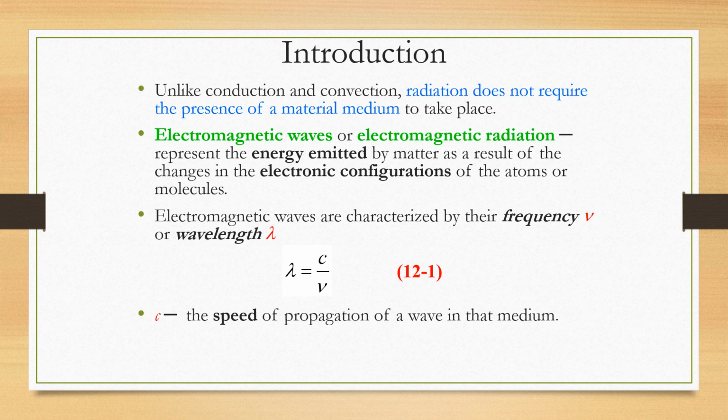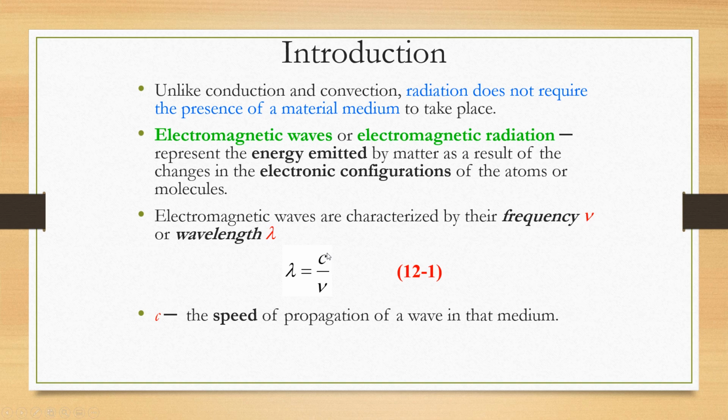After this, I will show you how that electronic configuration releases energy in terms of radiation. The electromagnetic waves can be characterized by their frequency ν or wavelength λ. So λ is equal to c divided by ν, where c is the speed of propagation of the wave in that medium, the speed of light c, okay.